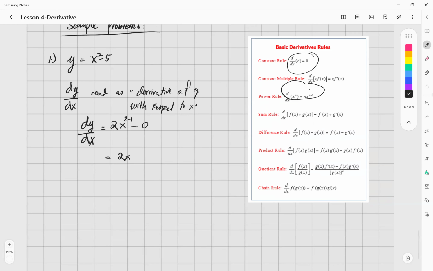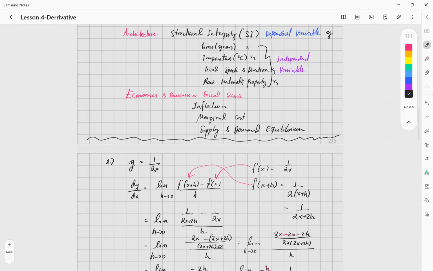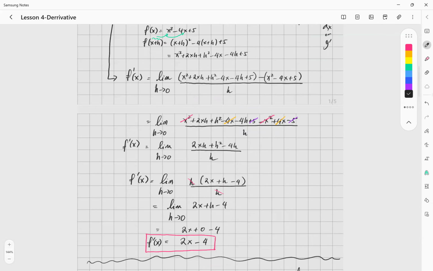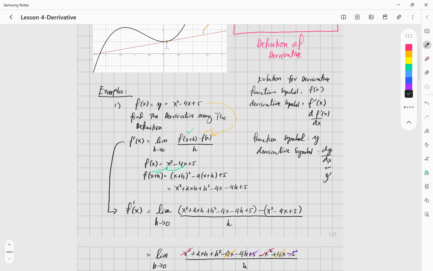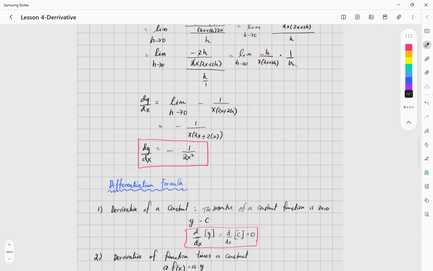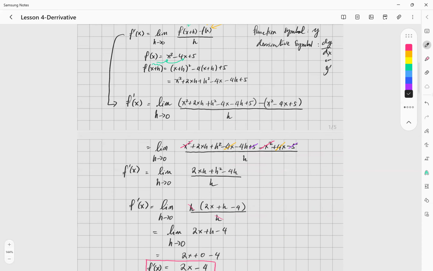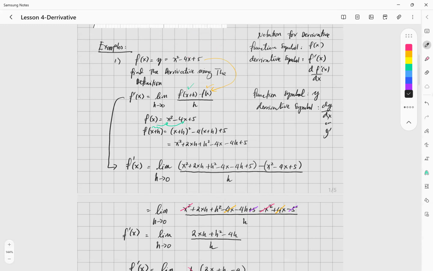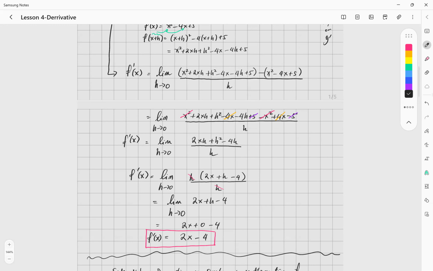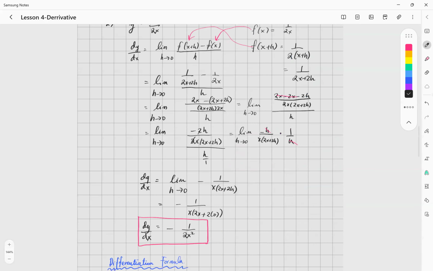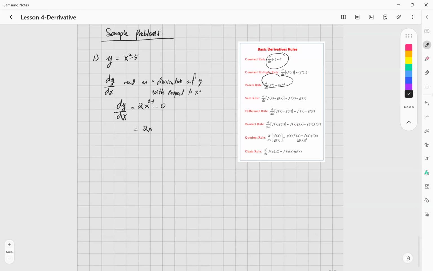Now let's compare this with the limit definition of differentiation. For example, take this function: y is equal to x squared minus 4x plus 5.